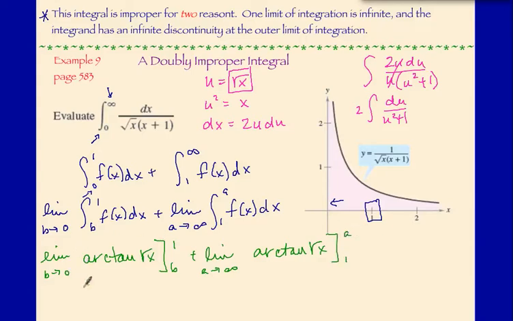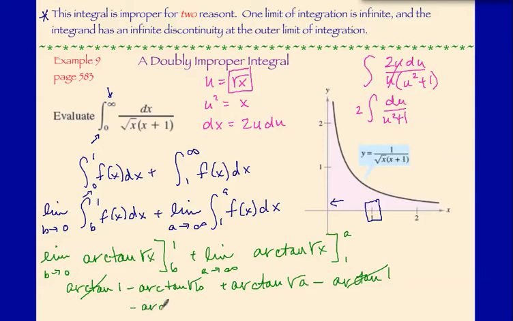Plugging in gives arctan of 1 minus arctan of square root of b, plus arctan square root of a minus arctan of 1. The arctan of 1s go away, so we don't need to worry about those. Now let's plug in the values: negative arctan of 0 plus arctan of infinity.